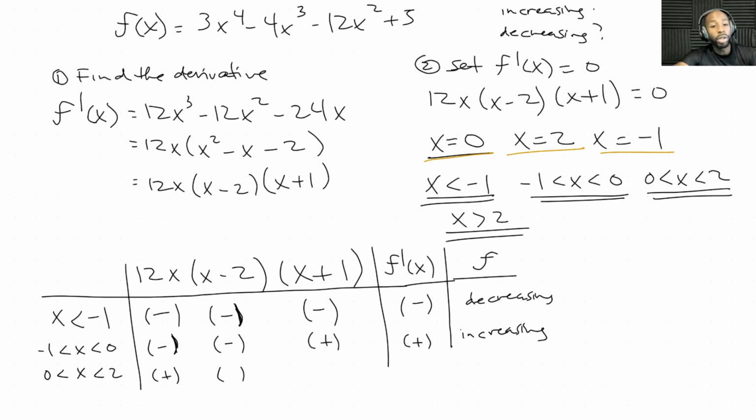And again, all I'm doing, y'all, is I'm considering if x fits this criteria and I plug in a value that represents this interval, would this be positive or negative? Okay, what about here? If x is between 0 and 2, this is going to be positive. So if you look here, a positive times a negative is a negative, times a positive is negative, which means it's decreasing here.